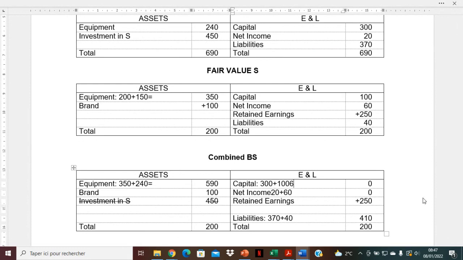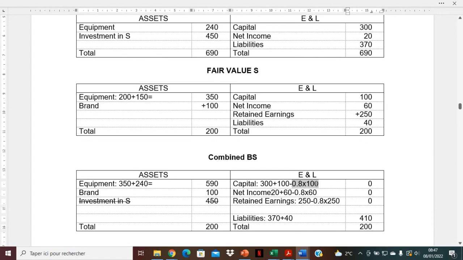That means in the first step, I will eliminate 80% of the capital, because I eliminate only the parent share. And I will eliminate 80% of the pre-acquisition profit. And here we have retained earnings of 250. In the first step, I will eliminate just 80% of those 250. Only the parent share is eliminated in the first step against the investment.